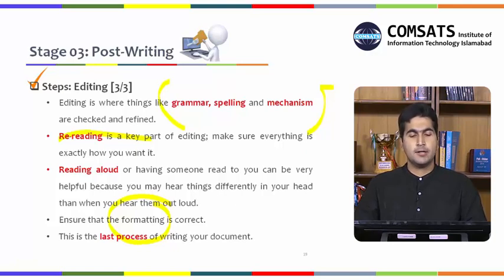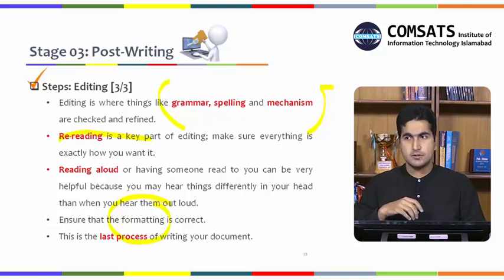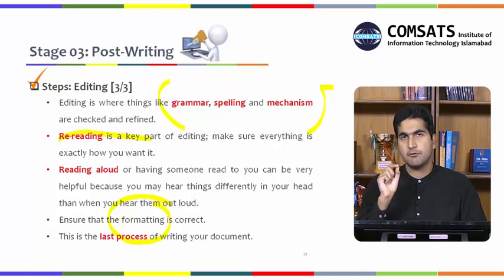And the reason why I'm calling it the last process of writing your document is that once you have done it, then comes the stage in which you are basically identifying the errors, or basically it's the stage in which you are not doing writing at a bigger scale. Now, very minor errors would be appearing within your content and the information.